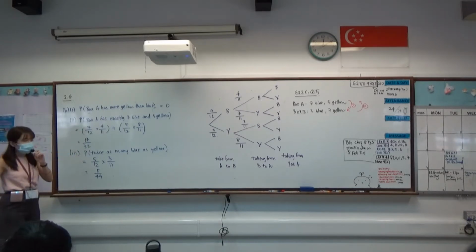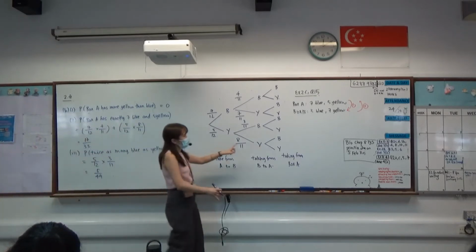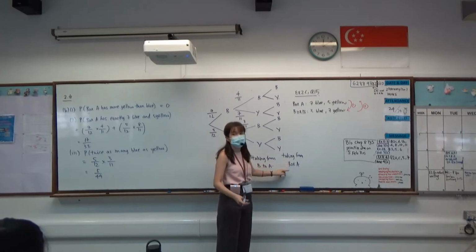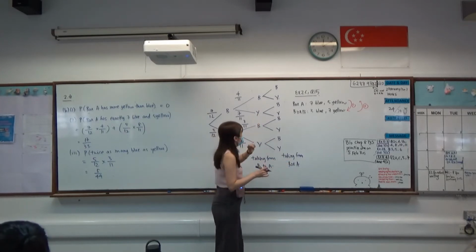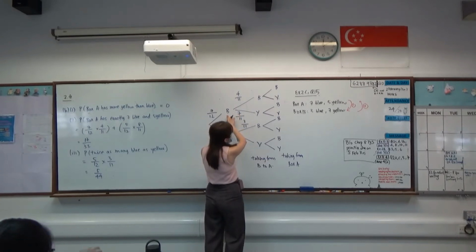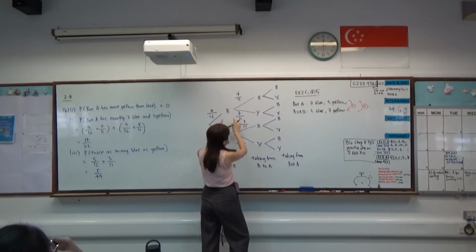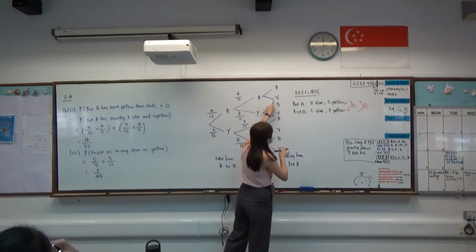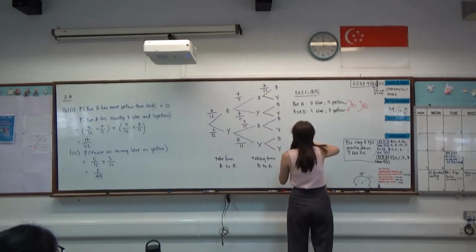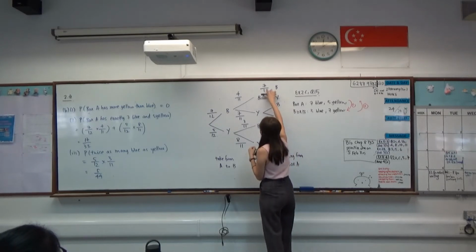So if I draw this part, this column over here, it is going to talk about taking from box A. And if I put in the numbers, so let's say I take one blue from A, and then after I put back a blue, I will still be left with 7 blue in the box, so 7 out of 12.